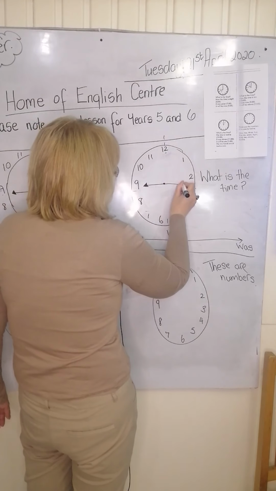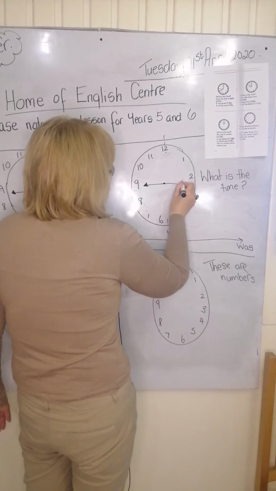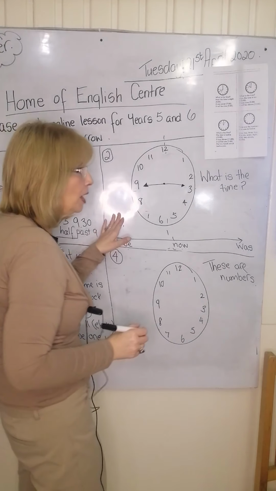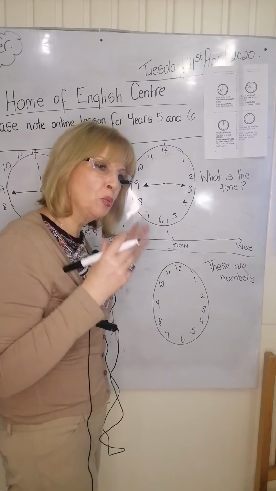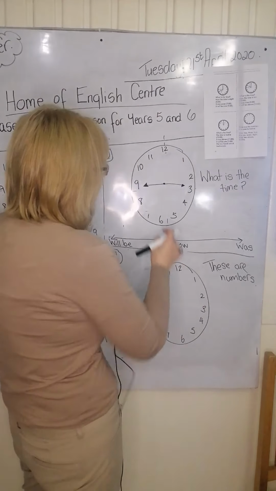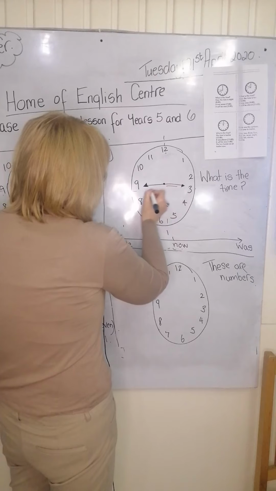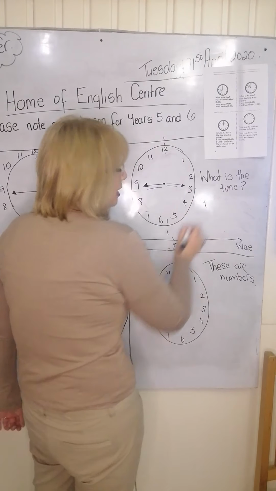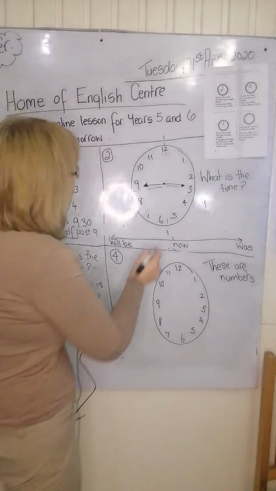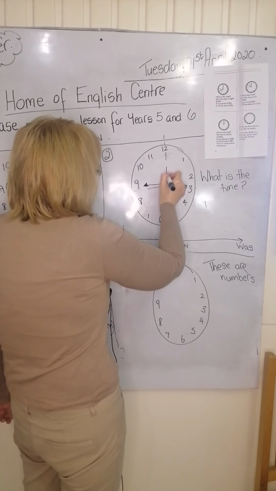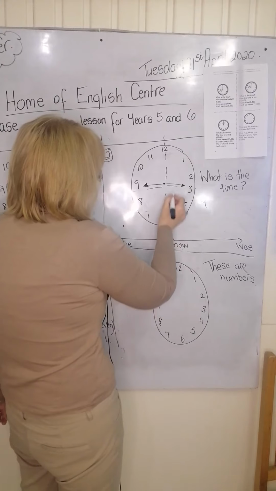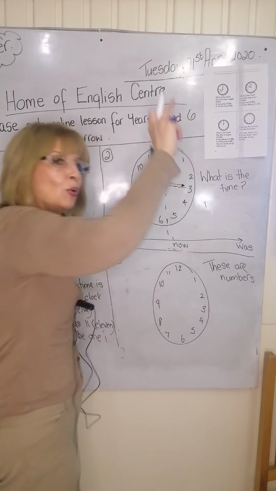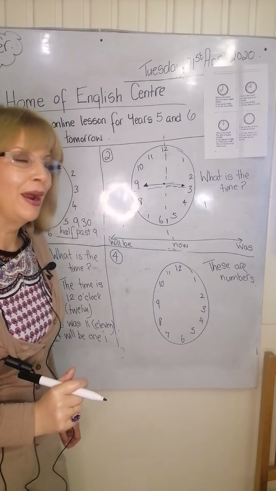And we have the other one pointing to the 3. So the long hand tells you what o'clock it is. If you notice, this is slightly shorter than this. So you have 9, it's still important, and the other hand has gone a quarter of the way around.